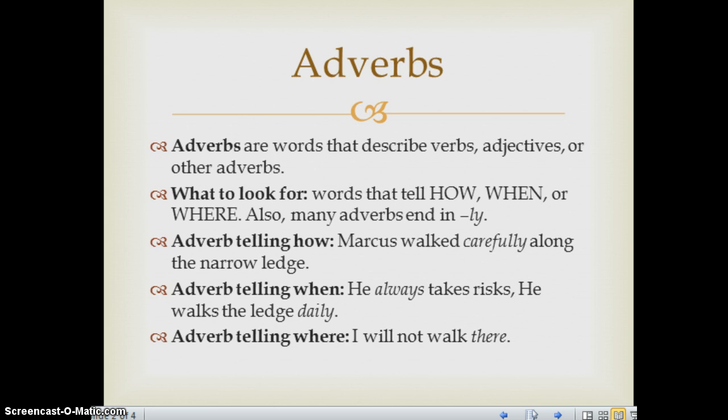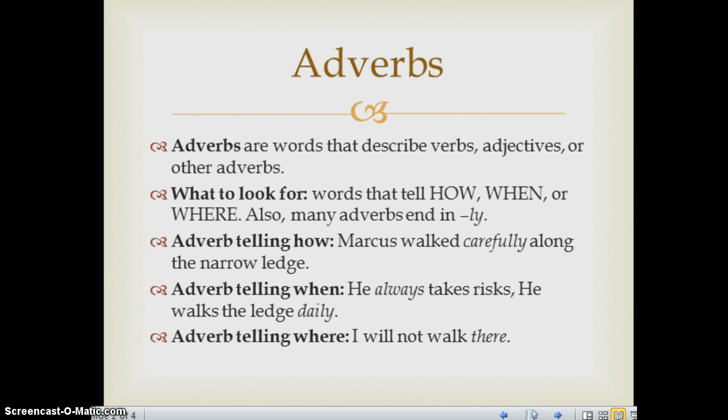And the next one, he walks the ledge daily. The verb is walks. So how does he walk? When does he walk? Or where does he walk? It says daily, which also ends in ly. So we know that daily is an adverb that is describing the verb walk.